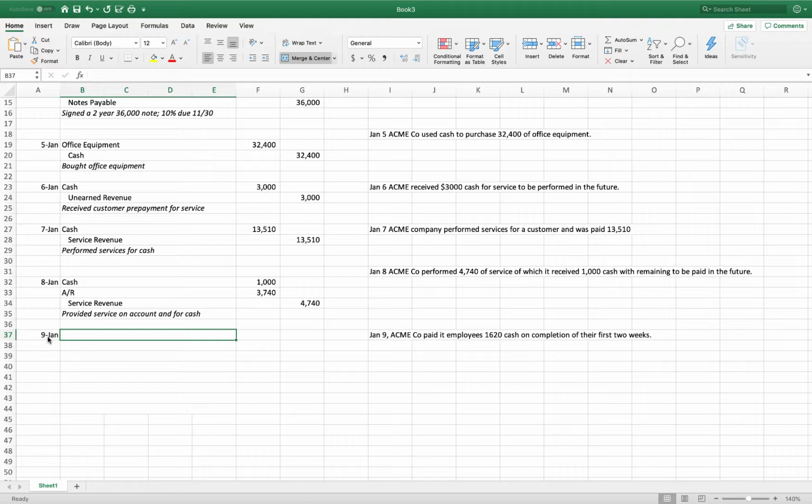Well, if cash is being credited, expenses, specifically wage expense, has to be my debit because I already have my credit to cash. Wage expense has to be debited. Now, I know that expenses increase with a debit, decrease with a credit, so I'm going to say wage expense debited for how much? Well, $1,620.